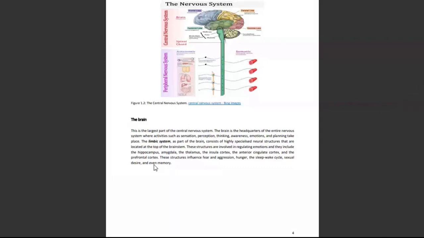The question now is which structures in your brain regulate fear, anger, hunger, sleep-wake cycle, sexual desire, and even memory. So these are the structures.